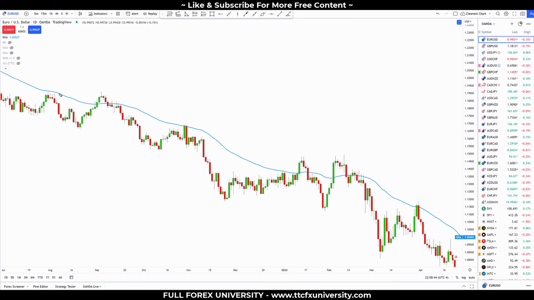Especially for this strategy specifically, what we are looking for is one of two things to happen. We either see price push down to a low below the 50 EMA and then create a new lower low below the 50 EMA, or we push down and we see price push up above the 50 EMA. And in order for this to be classified as an uptrend, I always need to see a new high above the 50 EMA compared to a high that was already above the 50 EMA.